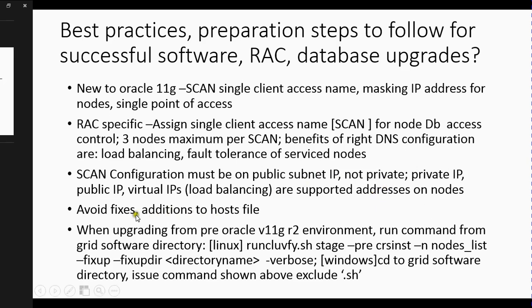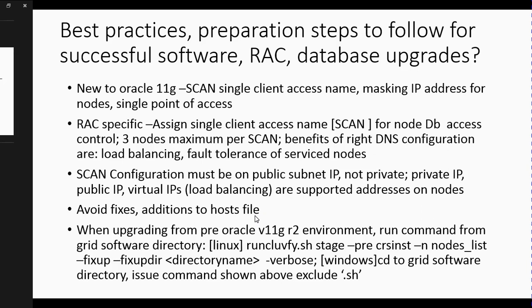Another tip is to avoid making any modification to the host file. That can really complicate things. When you're doing your initial RAC configuration, you definitely have to go into the host file and add some additional pieces in there.